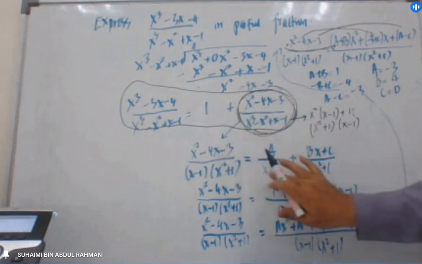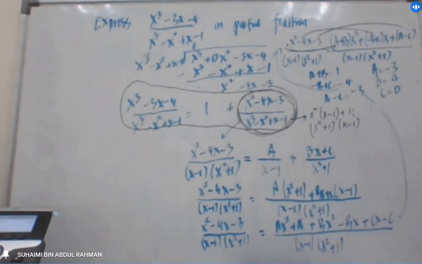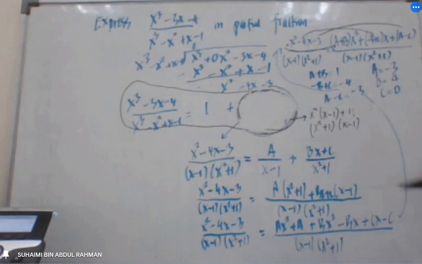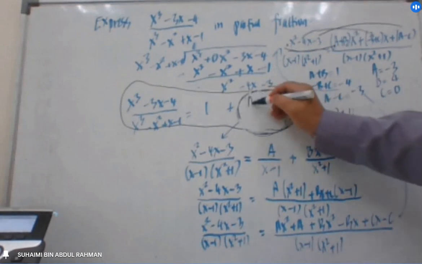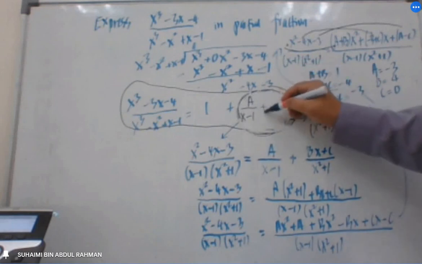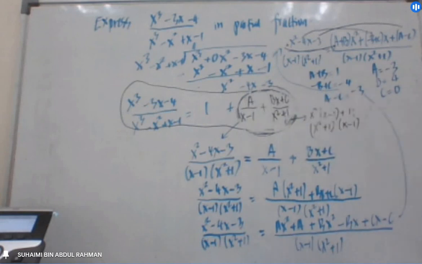We already changed this part to A over x minus 1 plus Bx plus C over x squared plus 1.